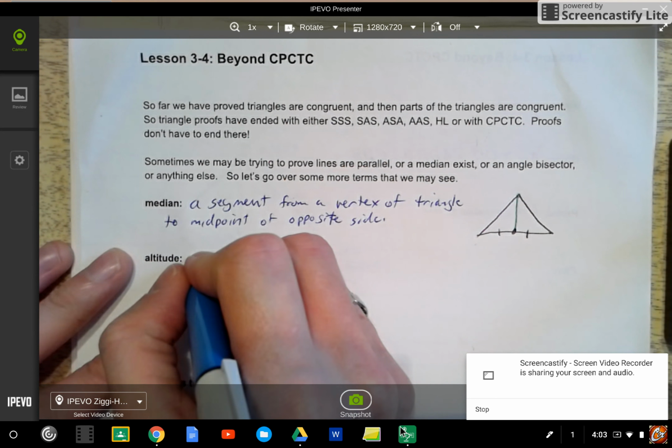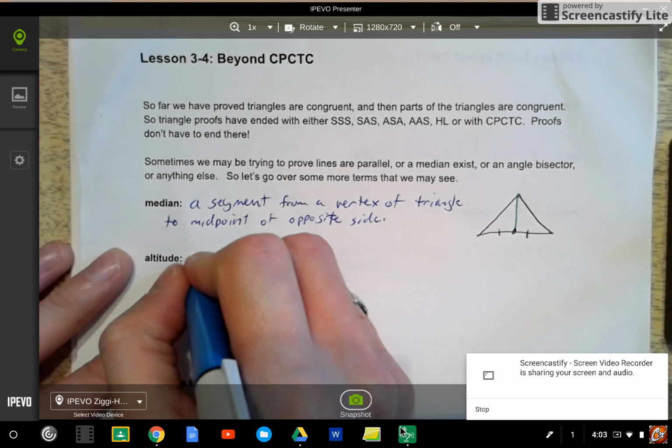An altitude is different. An altitude is a segment from the vertex of a triangle perpendicular to the opposite side. So in other words, if I drew a triangle, we'll draw a different triangle this time.